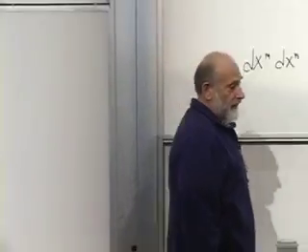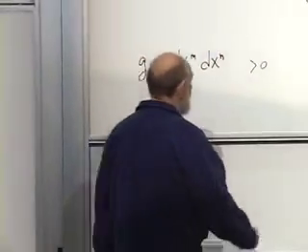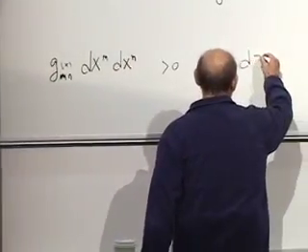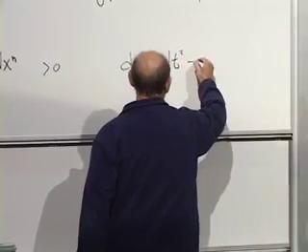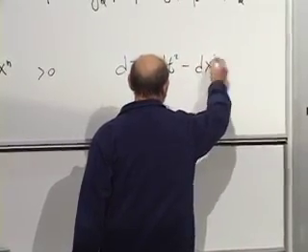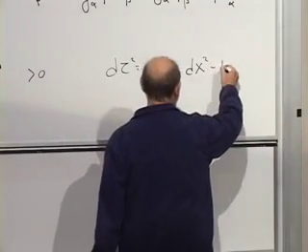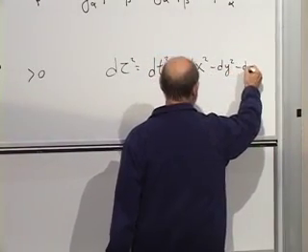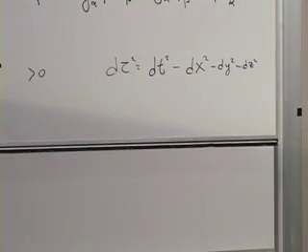Now, in relativity, let's go back to special relativity. In special relativity, d tau squared is equal to dt squared minus dx squared minus dy squared minus dz squared. Now, if I want to put in the speed of light, I can put it in one of two ways.